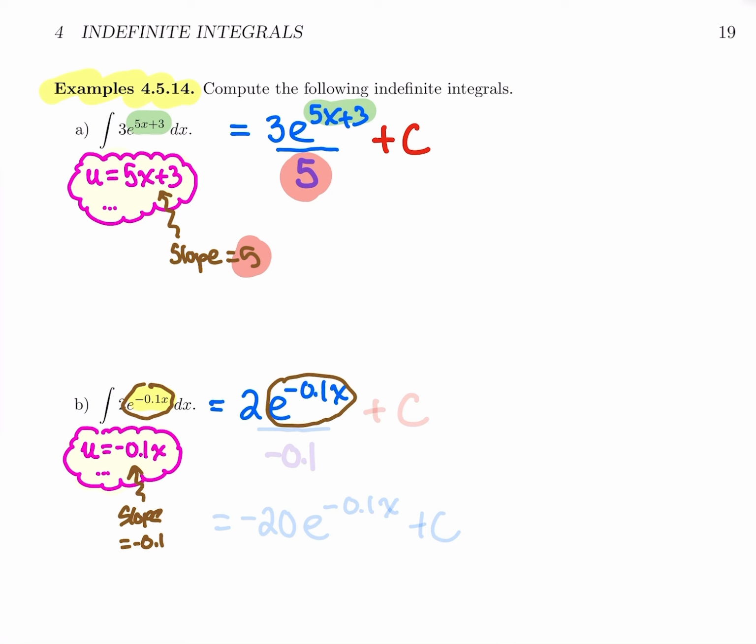I'm keeping the exponent, but then I just need to divide by the slope. And the slope here is minus 0.1. And you sign your work with the plus c. Dividing by 0.1 is like multiplying by 10. So this can be a bit cuter if you say it's minus 20 times e to the power of minus 0.1x plus c.